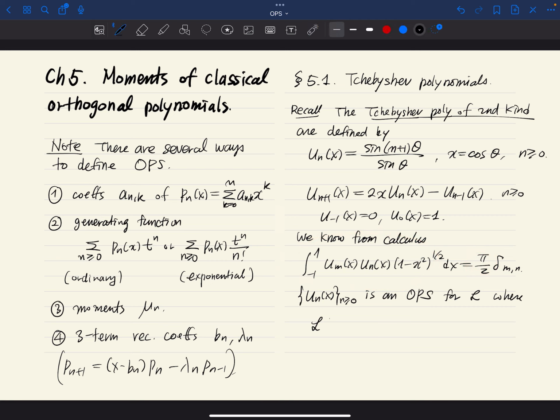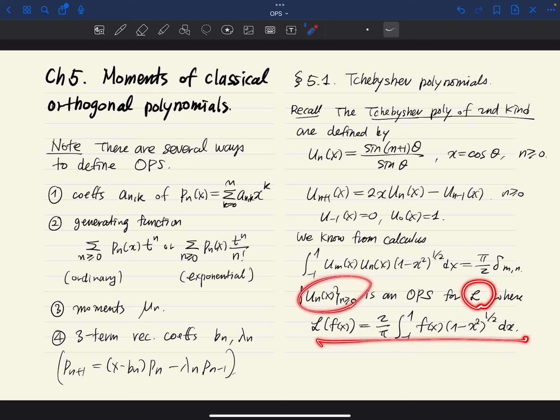So L of f(x) is defined to be 2 over pi, integral from -1 to 1 of f(x) times (1 minus x squared) to the power 1 over 2, dx. If we define our linear functional L in this way, then they are orthogonal with respect to this measure. Okay, that's the definition of the orthogonal polynomial. And note that L of 1 equals 1.